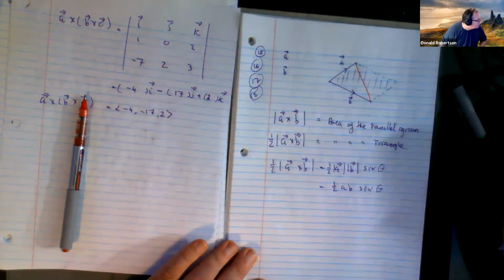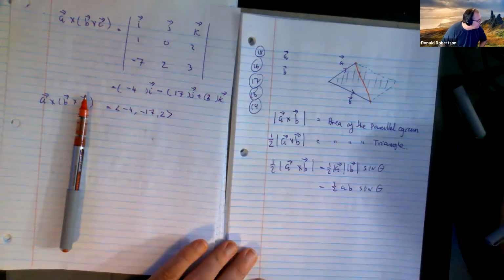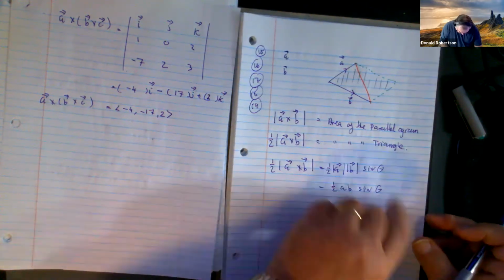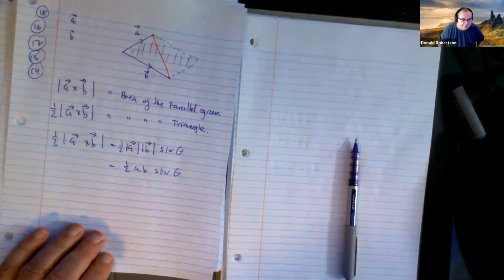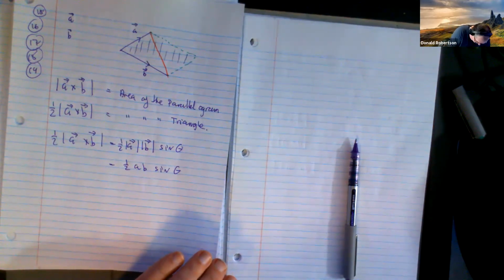There's a lot more than I thought, as I'm just scrolling through them here. Right. So there are what, 5 questions that are going to use this property to do with the magnitude of a cross product. There are different flavors of that question. So I'm going to try the hardest one.